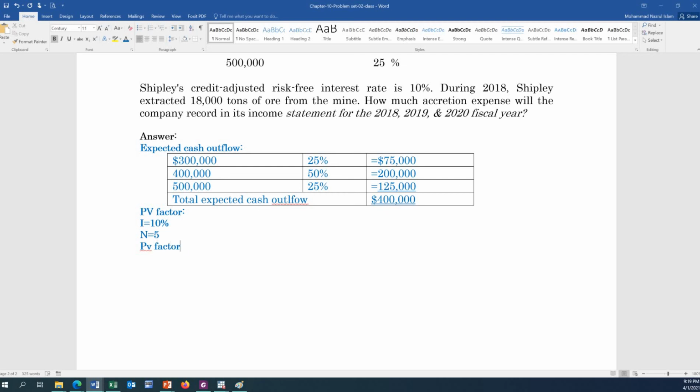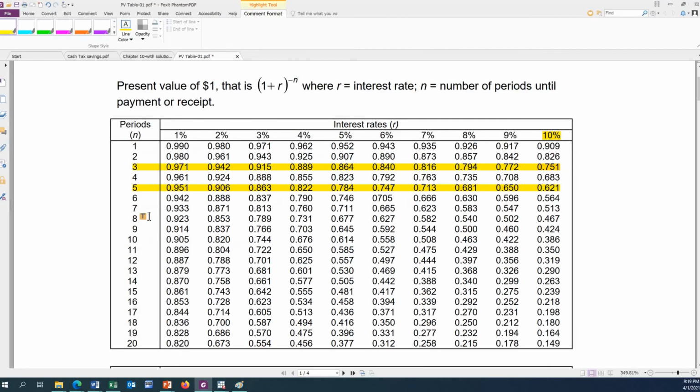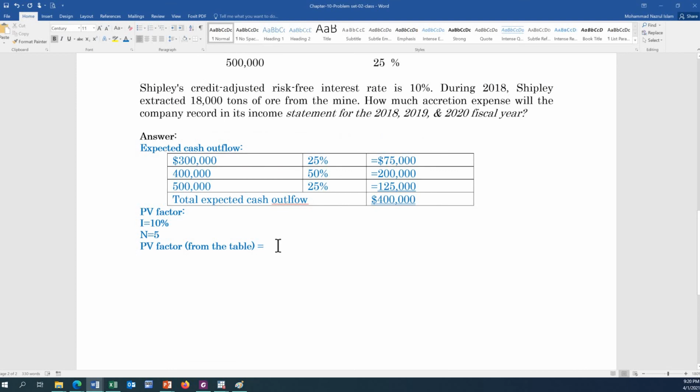The present value factor from the table, where n is 5 and the interest rate is 10%, is 0.621.